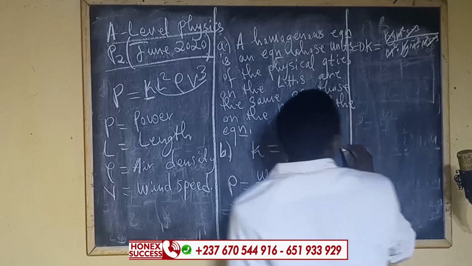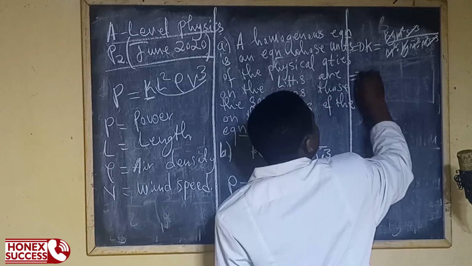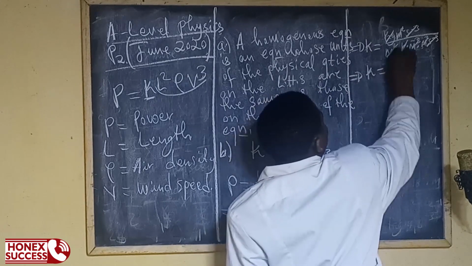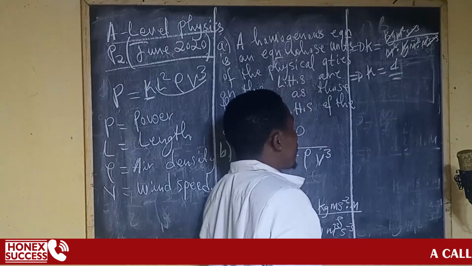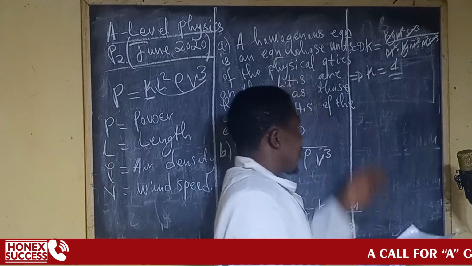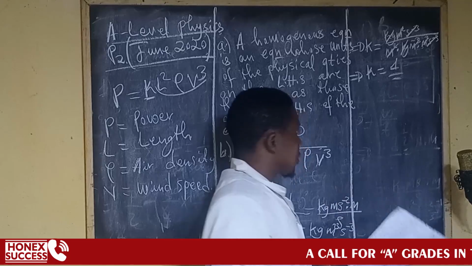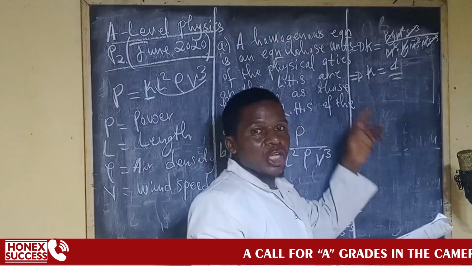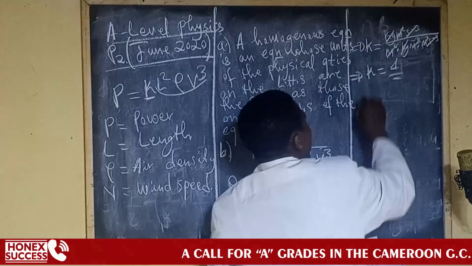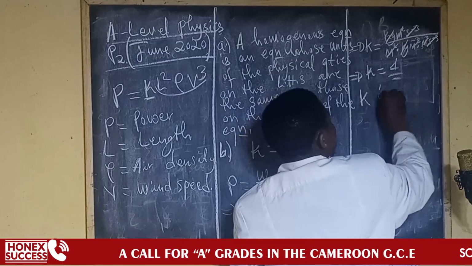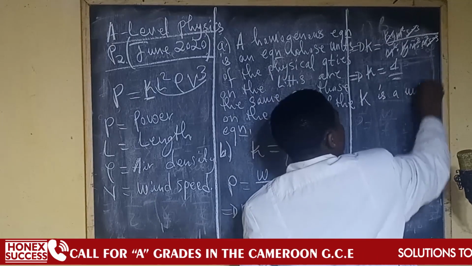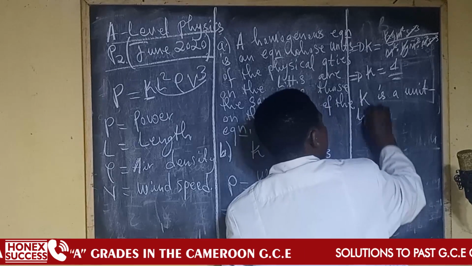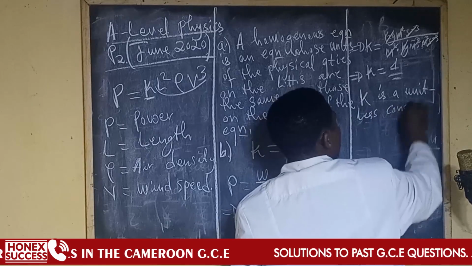What is the significance of that? It tells us that K is a unitless constant. So you have to indicate it there like that.